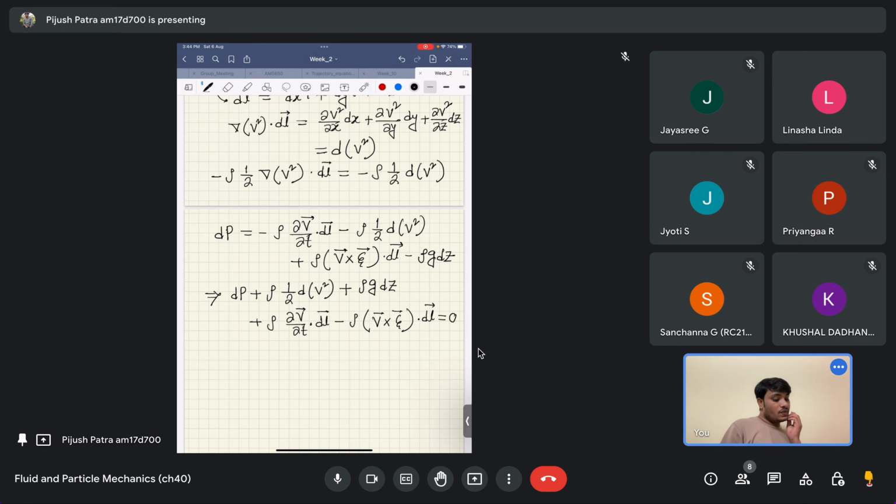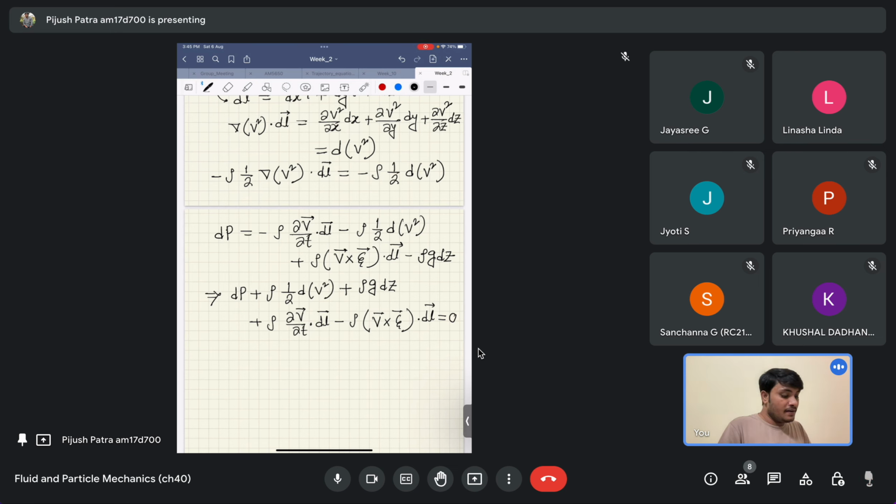That means I took all the terms from the right hand side to the left hand side and put a 0 on the right hand side. So far there is nothing wrong in this, right?